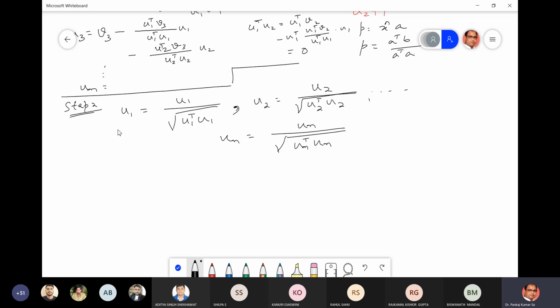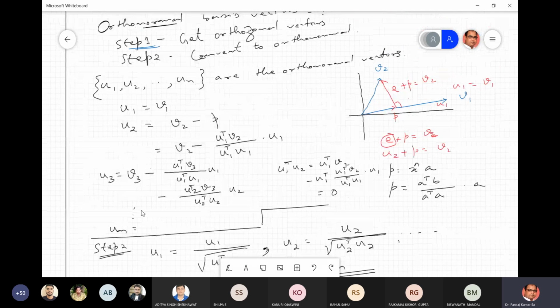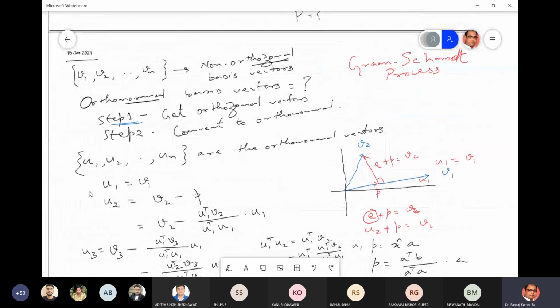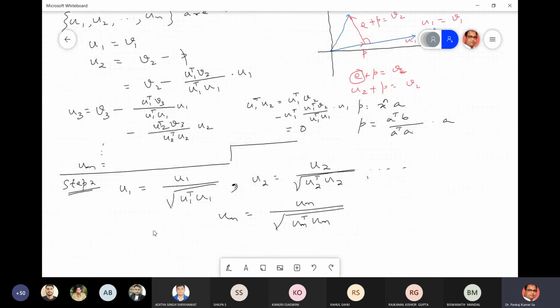So now you have the set of orthonormal vectors u1, u2 up to un obtained from a set of non-orthogonal basis vectors v1, v2, vn. What is important to be noted here?